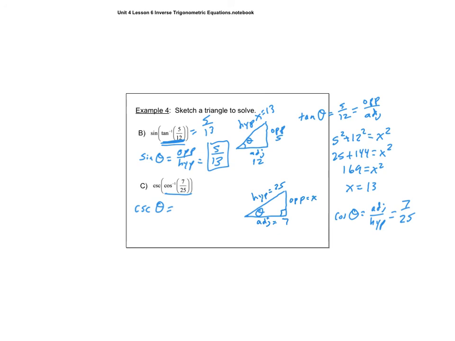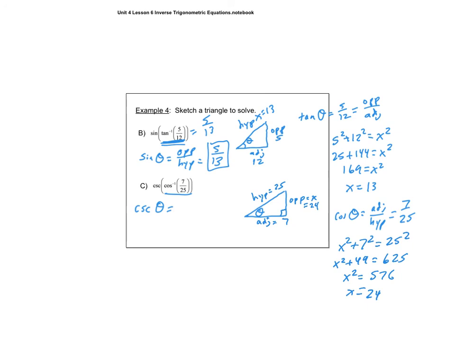So plugging those into the Pythagorean theorem, we have x squared plus 7 squared equals 25 squared. I'm going to subtract 49 from both sides, take the square root, and I get 24. So this opposite side is 24.